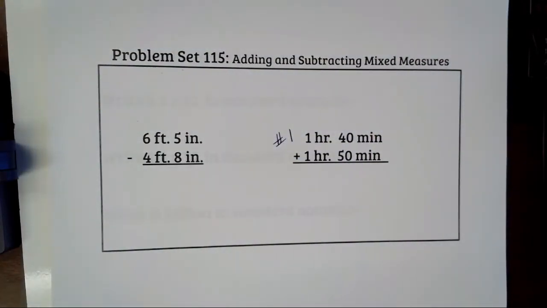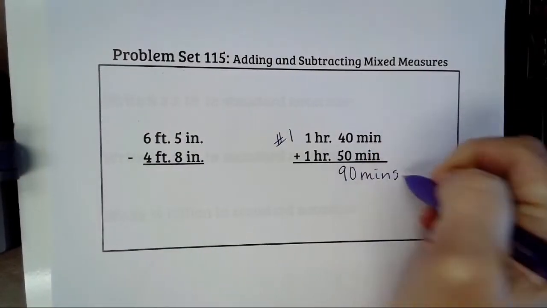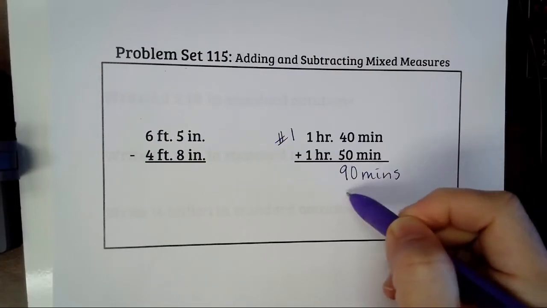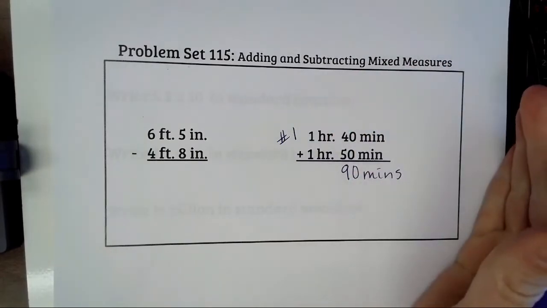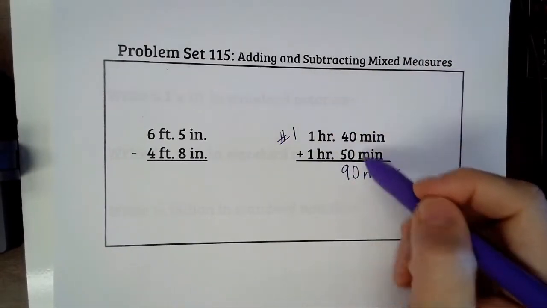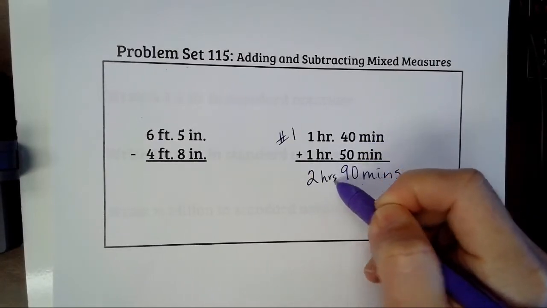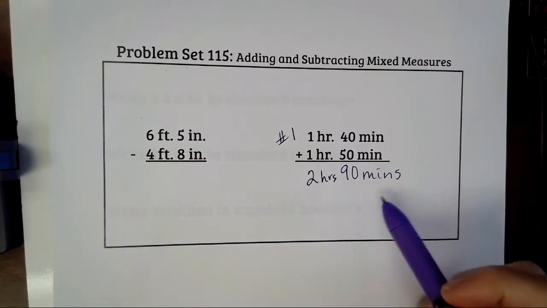1 hour and 40 minutes plus an hour and 50 minutes. When we add 40 and 50 minutes, their sum equals 90 minutes. And we know just by looking at this, an hour is 60 minutes, so 90 minutes goes above an hour. So if we were going to just do the simple addition here, we would say 2 hours and 90 minutes.